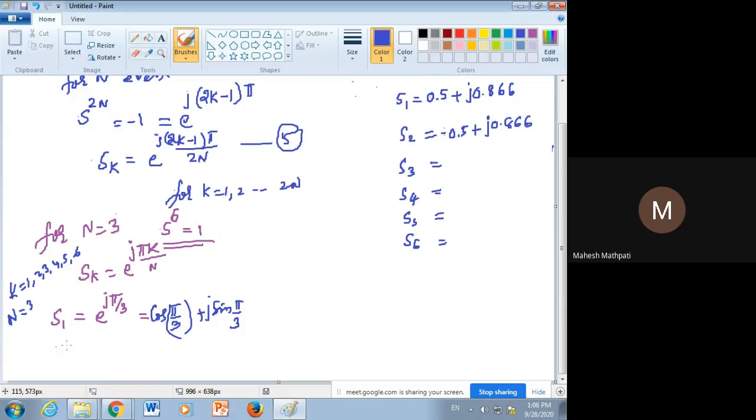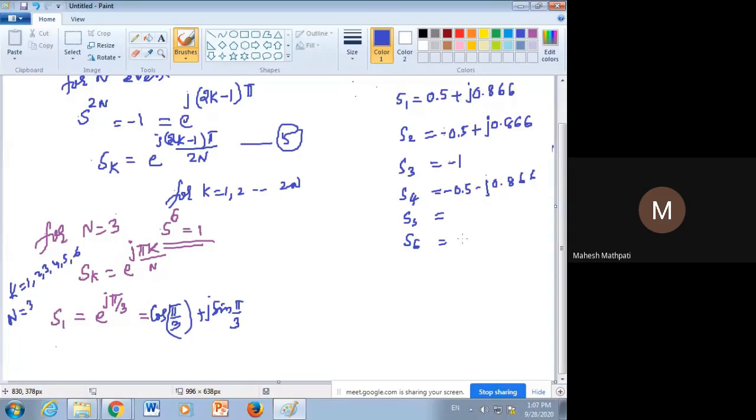What about S3? S3 is -1. Okay. S4 is -0.5 minus j 0.866. ठीक है. Okay.